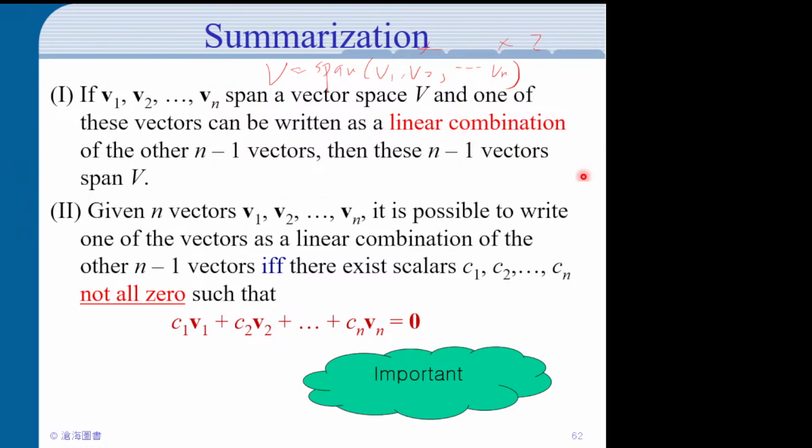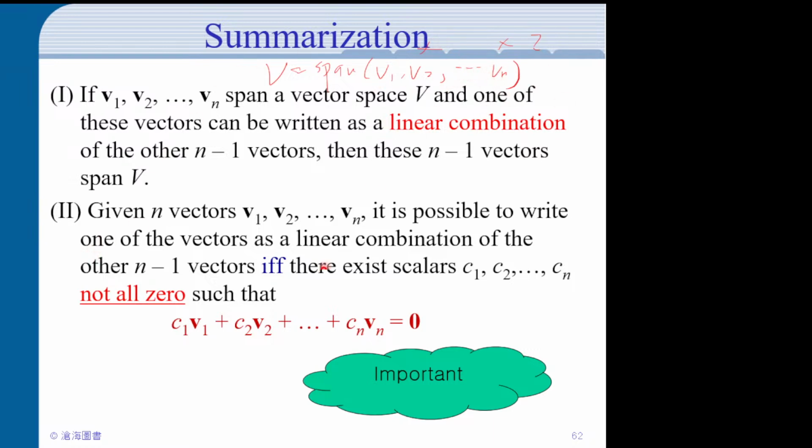And remember from the very beginning we said that we want to find the minimal spanning set of v. So we want to keep getting rid of those v's until we cannot get rid of any of them and still span the v. But we know if they are linear dependent, you can get rid of one of them. You can keep getting rid of them.